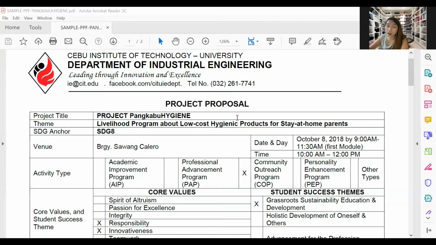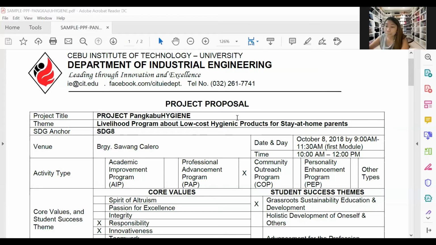From their end, they wanted to transfer that skill to parents, maybe mothers or fathers, without any jobs, or who are just at home, where they can make that a livelihood. So that is why Project Pangkabuhay has come to life.